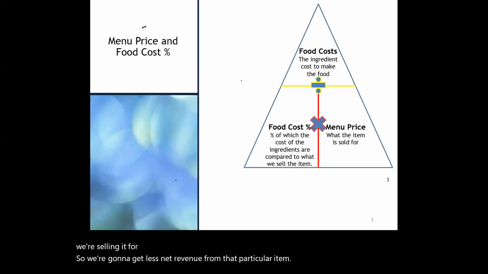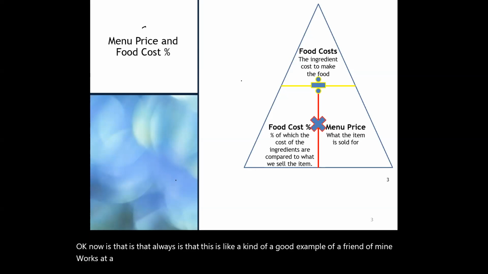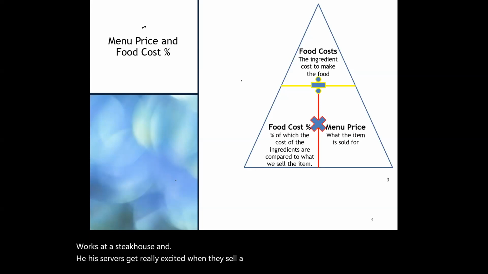Now, is that always it? This is a good example. A friend of mine works at a steakhouse, and his servers get really excited when they sell a lobster dinner because the lobster dinner is so expensive.